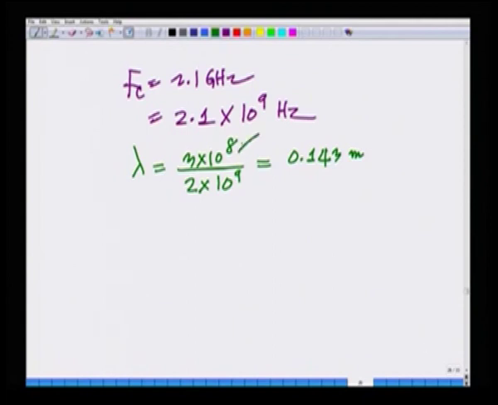This is nothing but the velocity of light c, divided by F c, equals lambda, which is 0.143 meter.